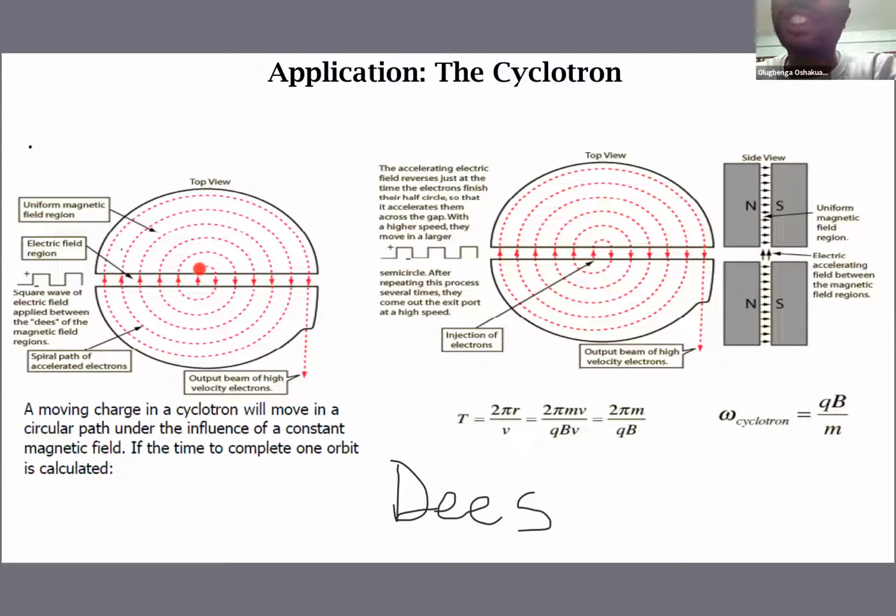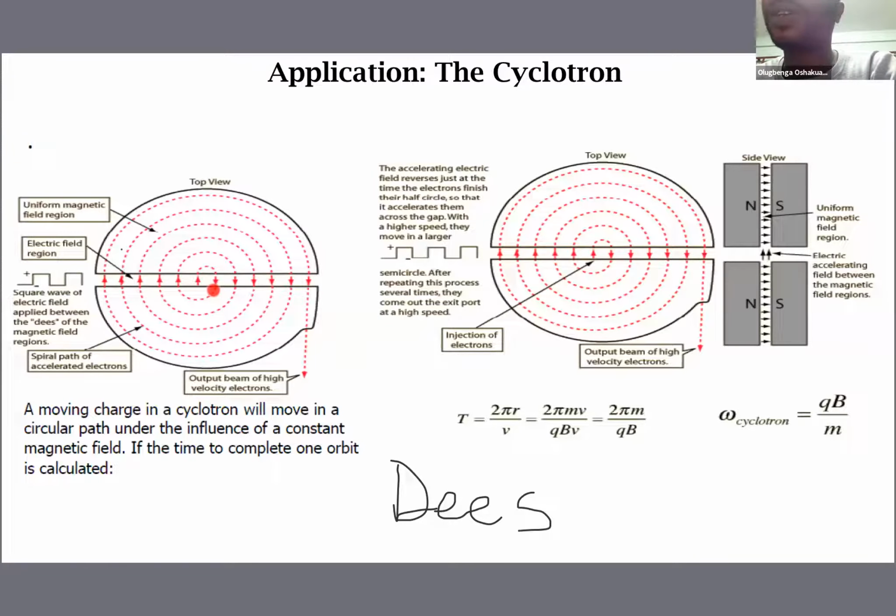Since these plates have different charges, an electric field is set up between them, and the particle enters the first D. It is accelerated on coming out of the first D.